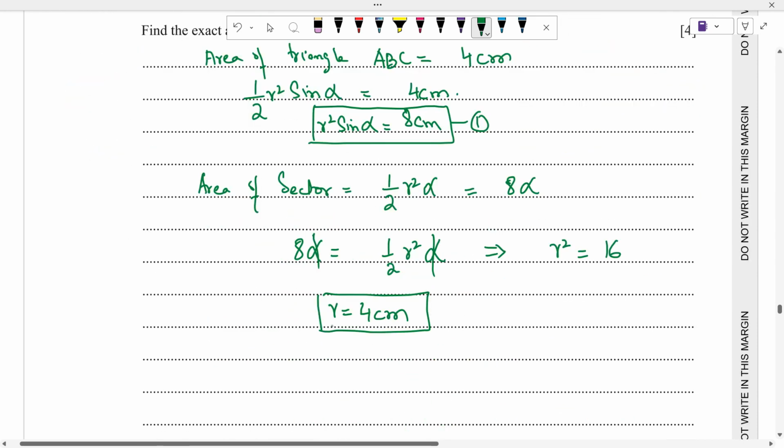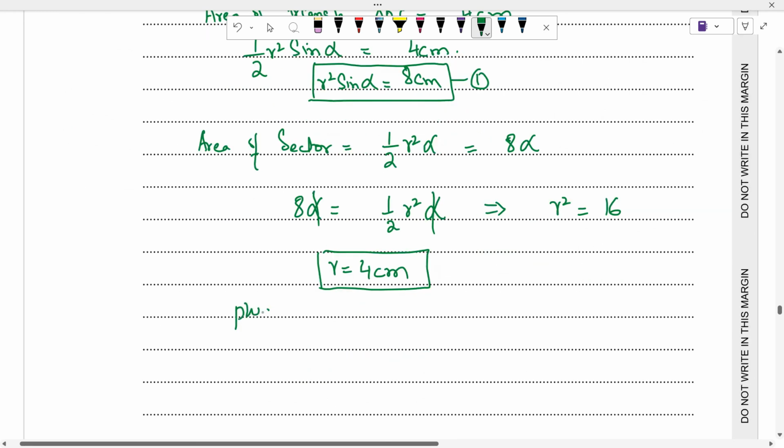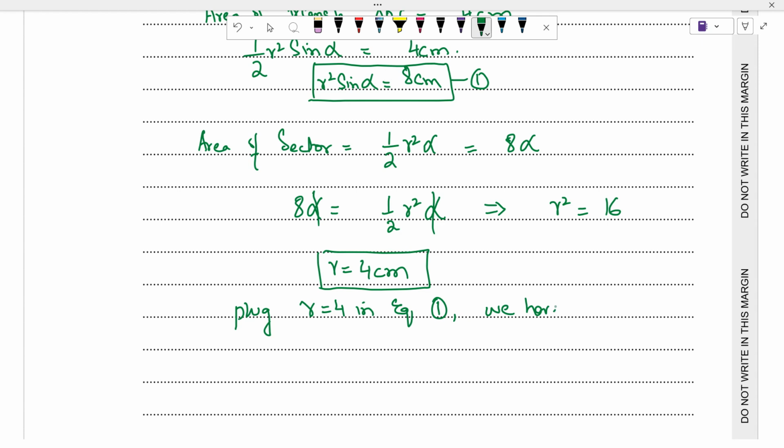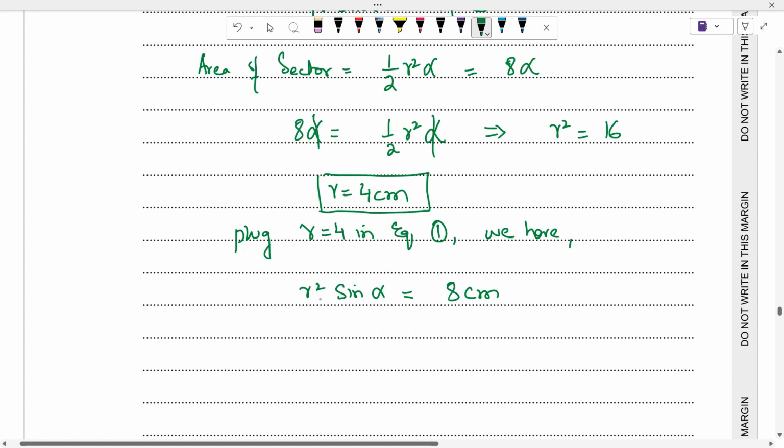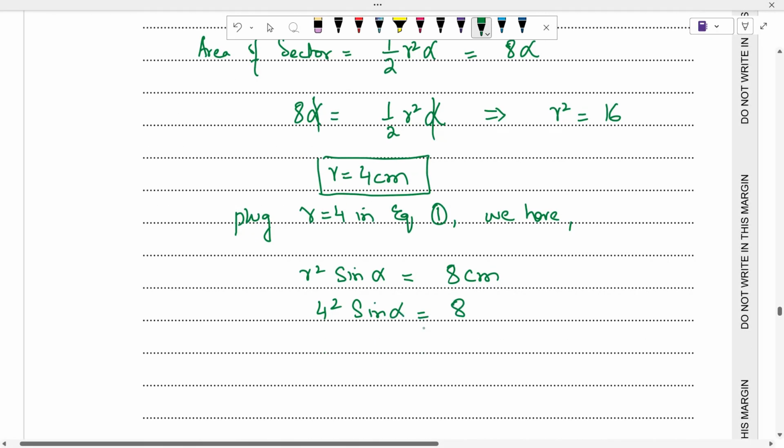Now plug this r information into equation 1 to find alpha. Plug r equal to 4 into equation 1. So we have r squared sine of alpha equal to 8, and r squared is 16.